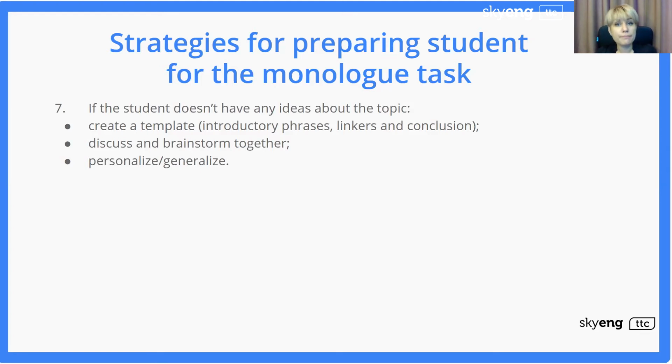What books do you read? Fantastic books. Great. So say, modern teenagers read fantastic books. It's like a personalization. And vice versa, they say, well, for example, I don't know what environmental problems we have in our city. Okay, what environmental problems are there in the world? Why not? Nobody checks again.